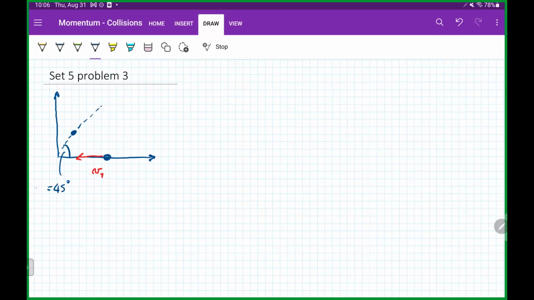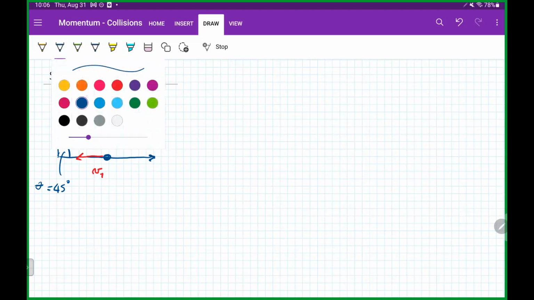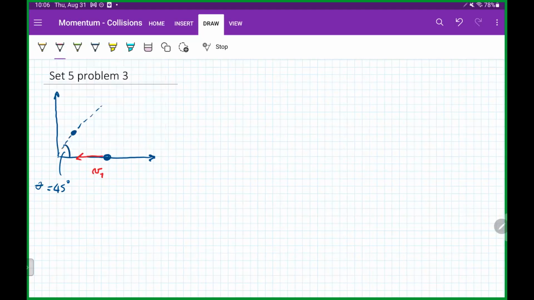Let's call it theta, alpha, whatever. And it has a different velocity, V2 there, right? And it's asking the impulse of the net external force and the average net external force.